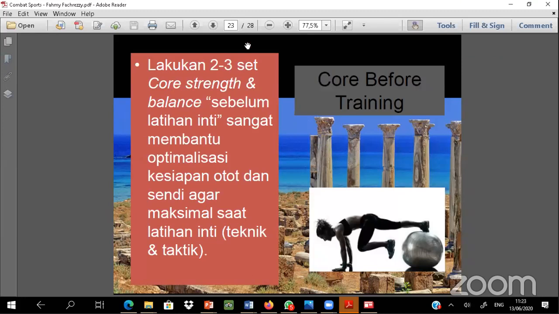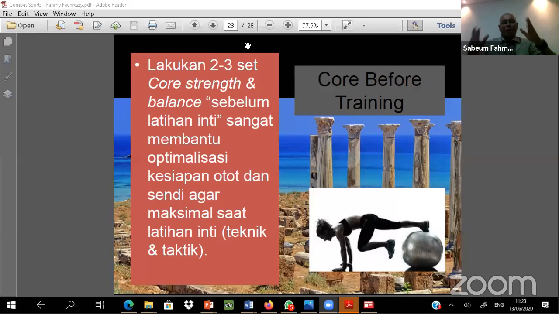Or before training. Many coaches think core is strength training. Don't you give strength training before? Sorry, after warming up, before the main training. No problem. Two or three sets of core strength training is a very good preparation or conditioning for your muscle. If okay, your athlete can train with full energy, full expression.